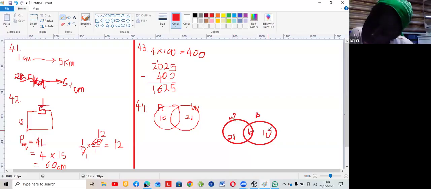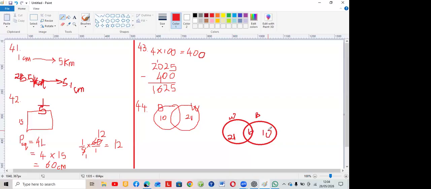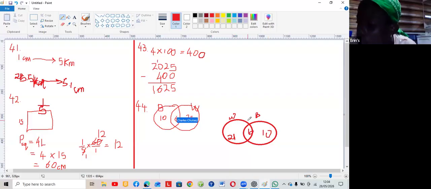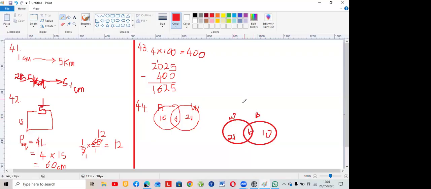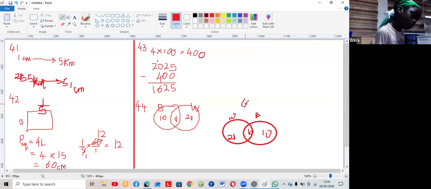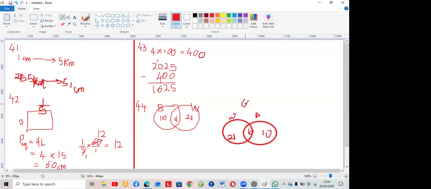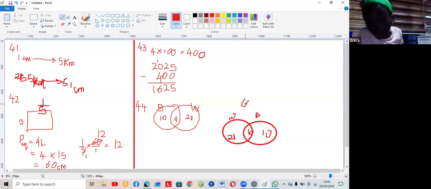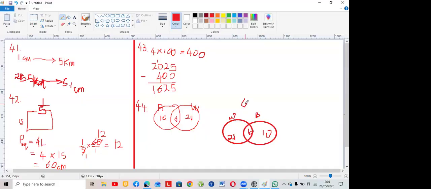So the middle is 6. The answer is 6. Those who wore black and white headbands equals 6 are in the middle. The answer is 6. 45. Did they say black and white only? No, only black and white headbands. Okay. No problem.